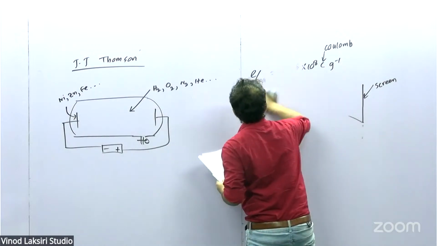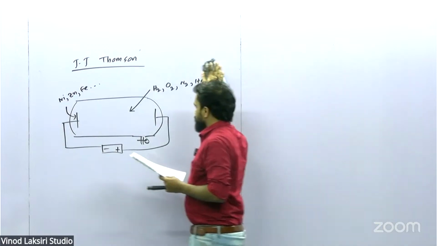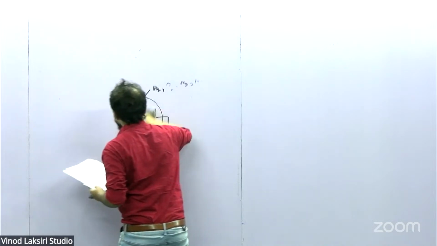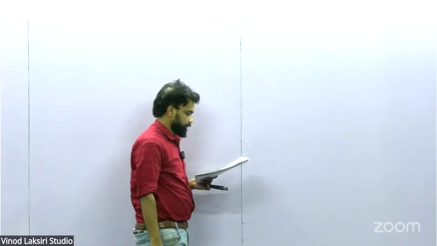Therefore, the electron was discovered by J.J. Thomson.